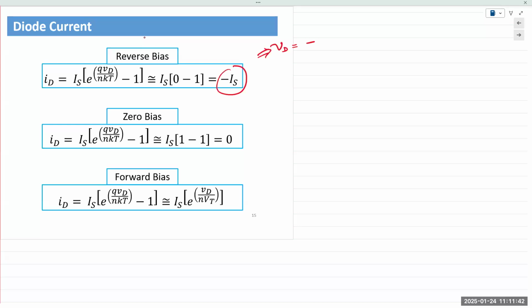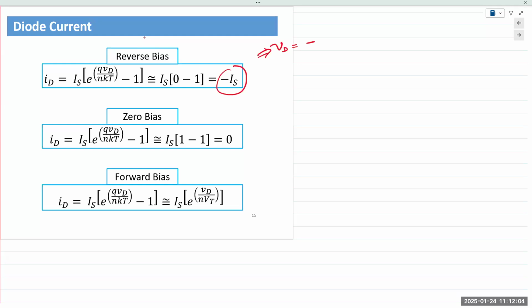So the approximate diode current in reverse bias would simply reduce to the reverse saturation current, where the minus sign indicates it's flowing in the opposite direction. This is due to the flow of the minority carriers across the junction. You're applying reverse bias, meaning the positive terminal is to the cathode and negative is to the anode.